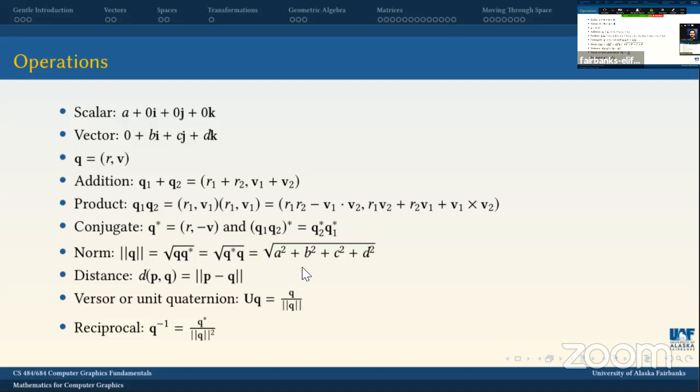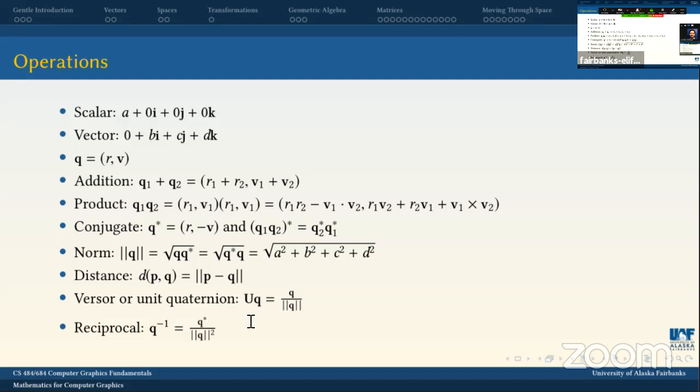So now if you wanted to compute the distance between two quaternions, you can just subtract the two and then take the length, or the norm. Then we have this idea of a unit quaternion. Just like we have a unit vector, you take a quaternion and divide it by its norm so that it's unit length.